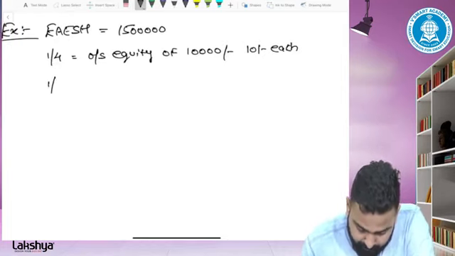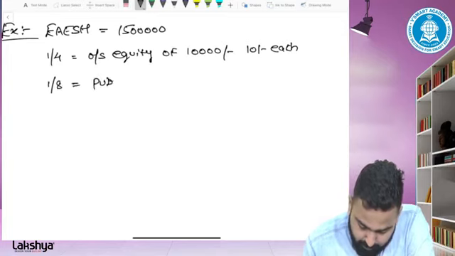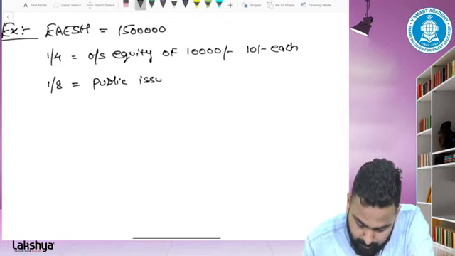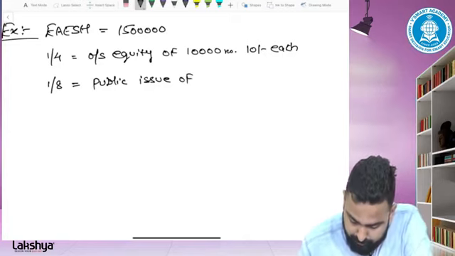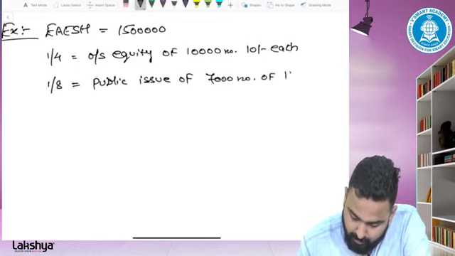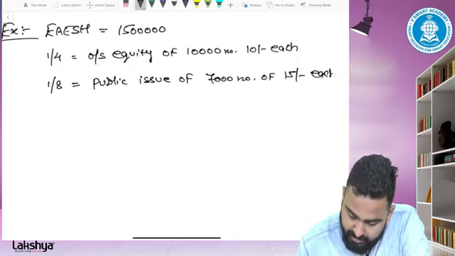On 1st August, public issue of 7,000 shares of 15 each.